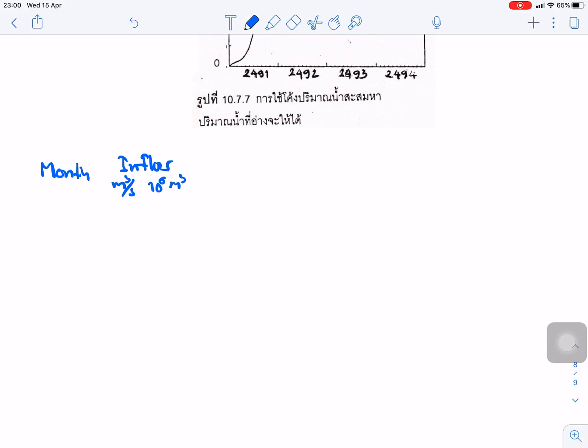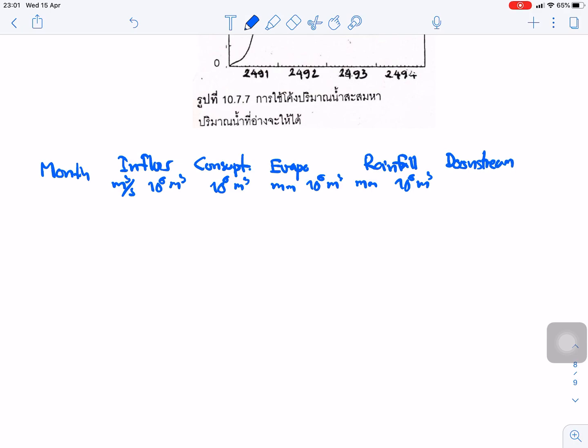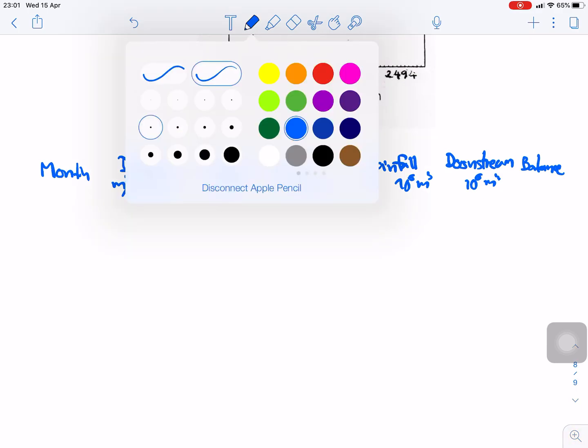We have 2 unit inflow from the cubic meter per second and million cubic meter. Consumption. Okay, we can draw the table.